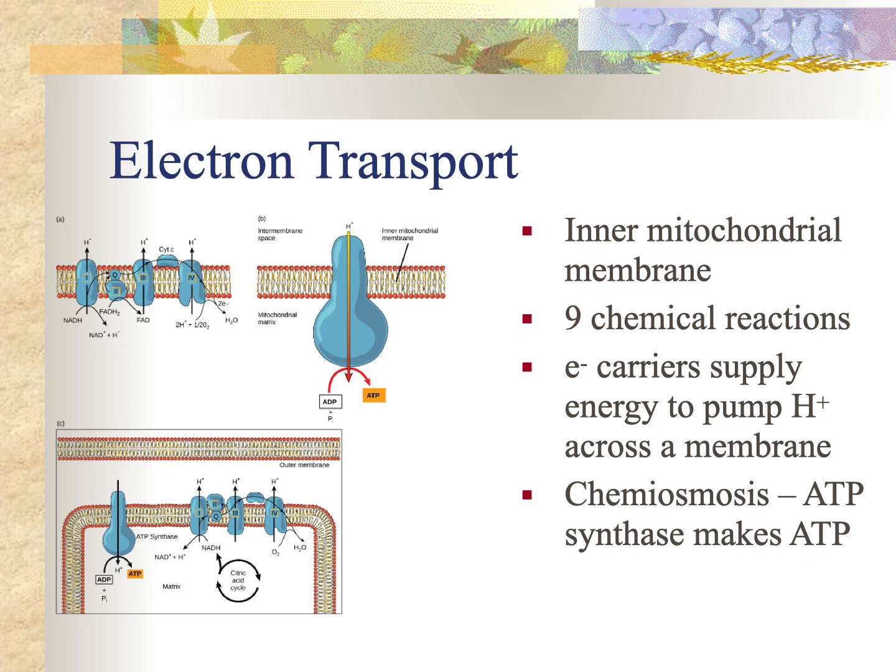The next step also occurs in the mitochondria at the inner membrane. It's another 9 chemical reactions with 9 enzymes or cofactors, and this moves electrons and hydrogen ions across the membrane and allows them to diffuse back to make ATP. This makes the majority of ATP.